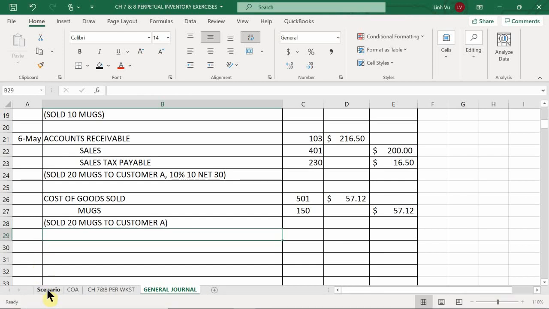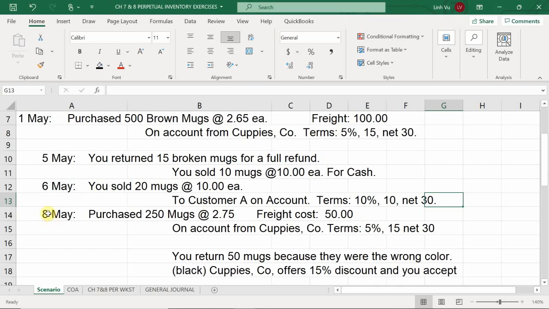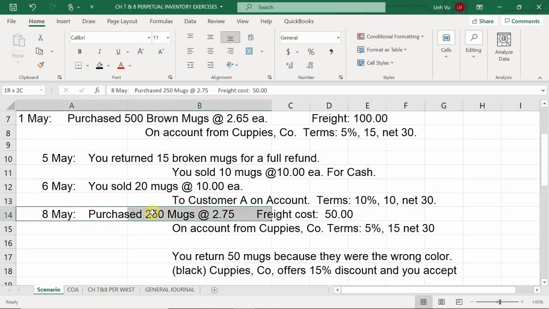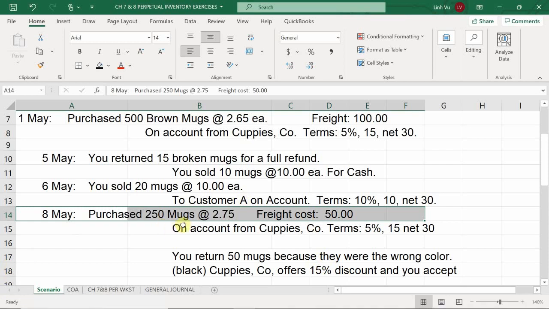All right, so let's see what happened next. Now we're on May 8th. We end up purchasing an additional 250 units for $2.75 each, with a freight costing $50, and we placed it on an account once again from Cuppy's Co. with terms of 5% 15 net 30.